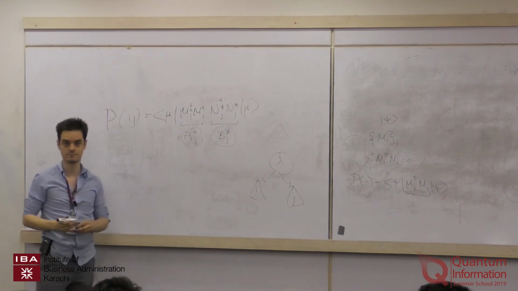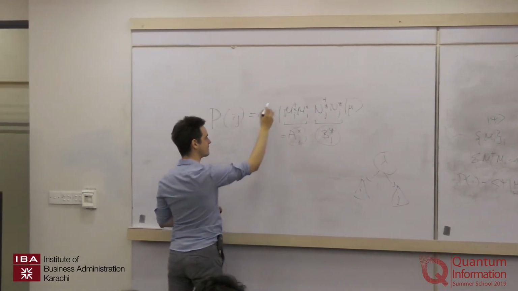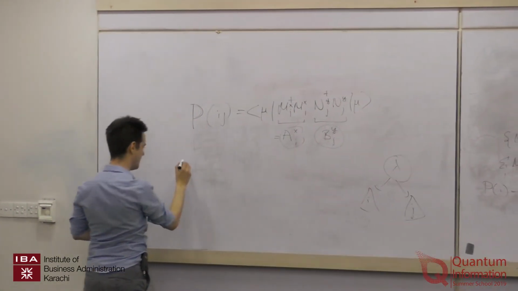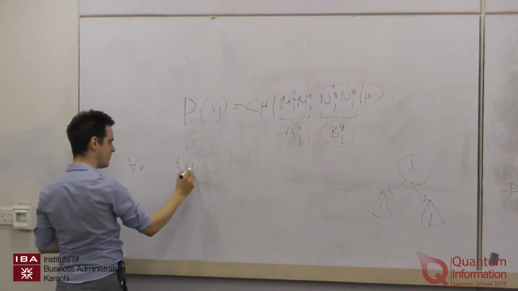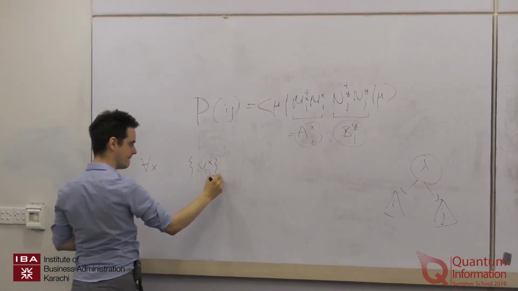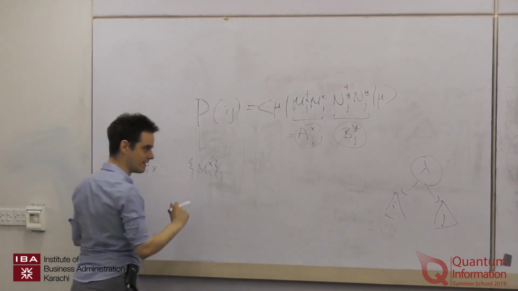By x and y, you mean different observables? I mean an index. So, to be clear, if I start with this, I have a collection for every x, I have a collection M_{I|x}.